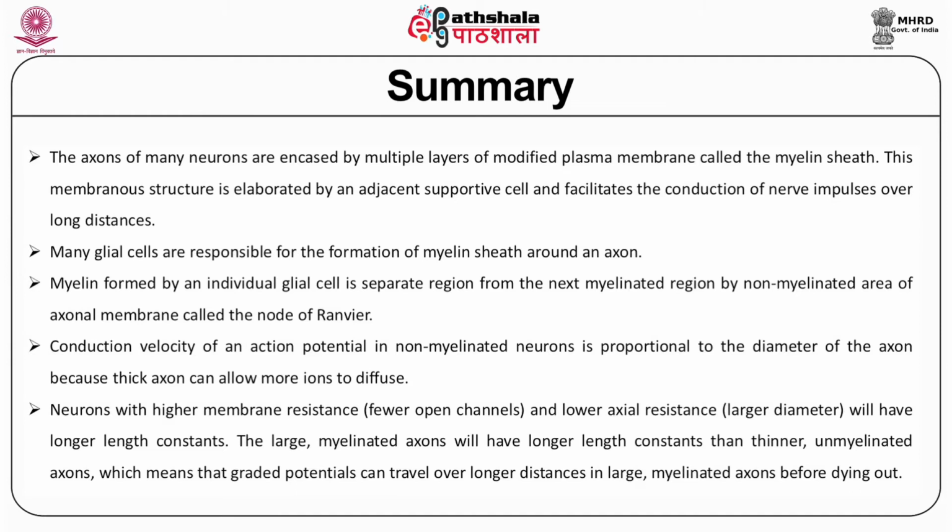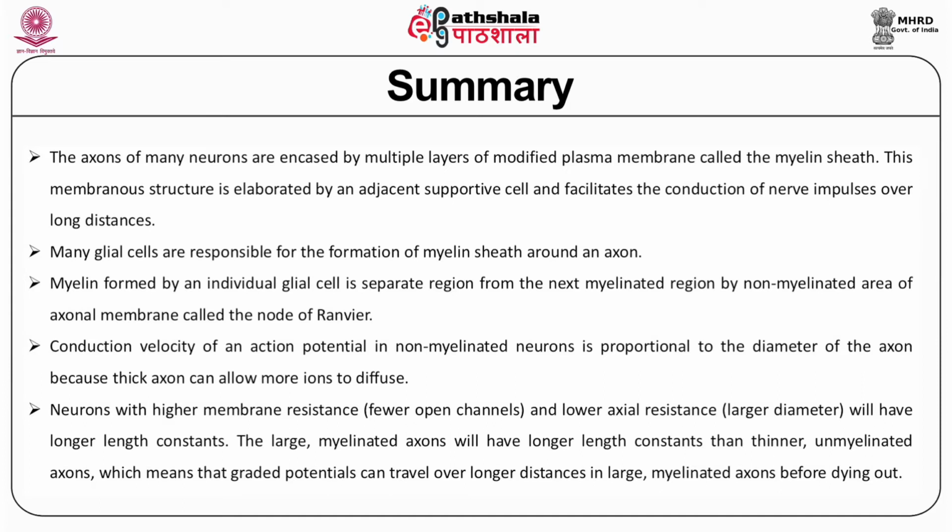Number three, many glial cells are responsible for the formation of the myelin sheath around the axon. Number four, myelin formed by an individual glial cell is separated from the next myelinated region by a non-myelinated area of axonal membrane, which we call the node of Ranvier.